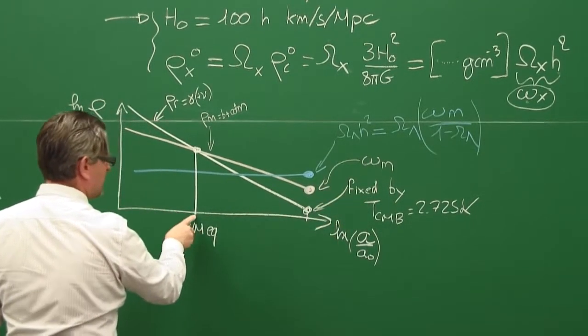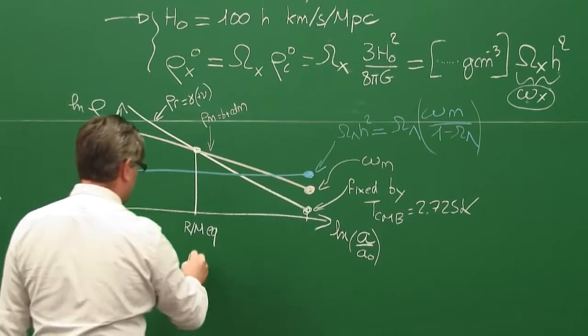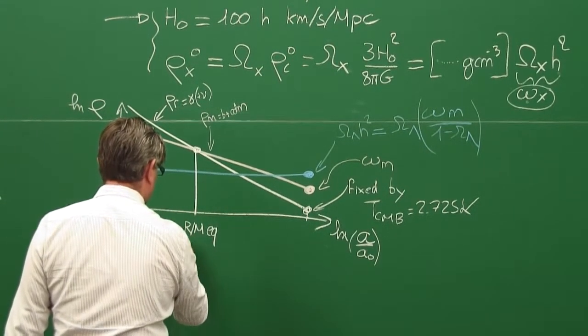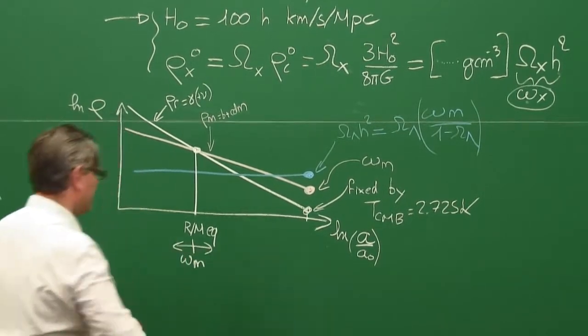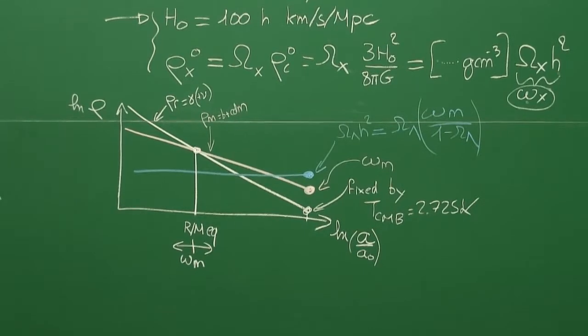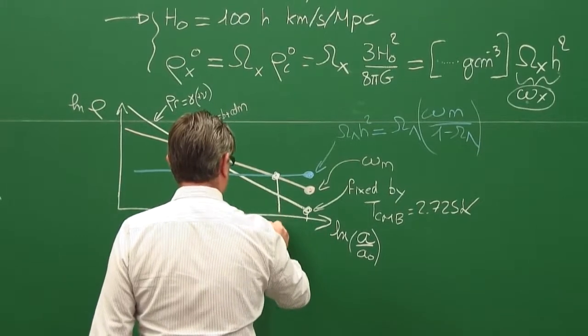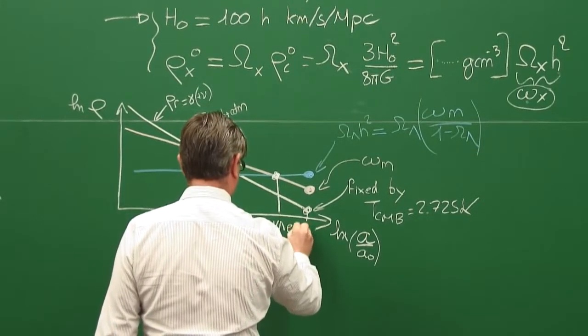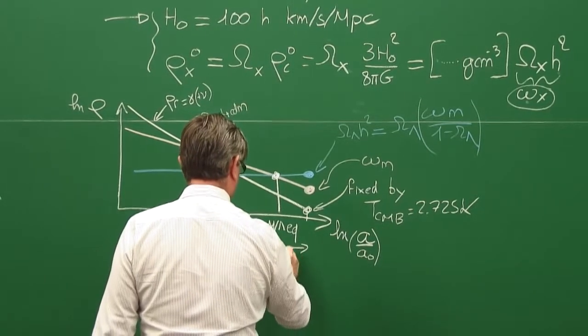So the redshift or the scale factor at equality can be derived in one line as a function of omega m. So omega m is like the knob moving this leftward or rightward. Same with this time, the time of matter lambda equality. In this case, my knob is omega lambda.